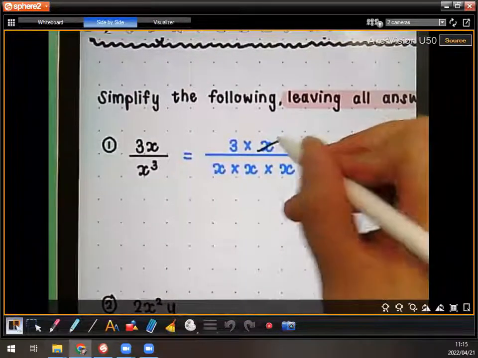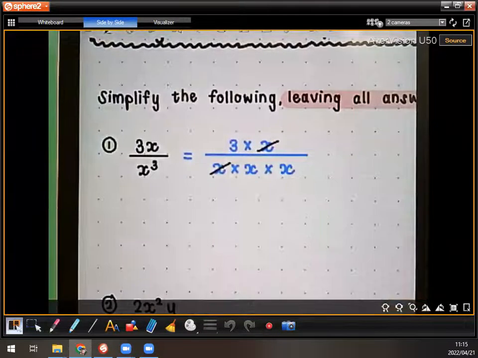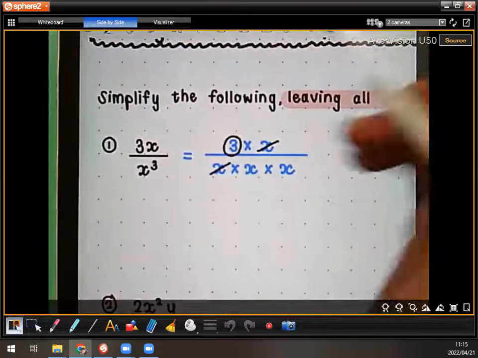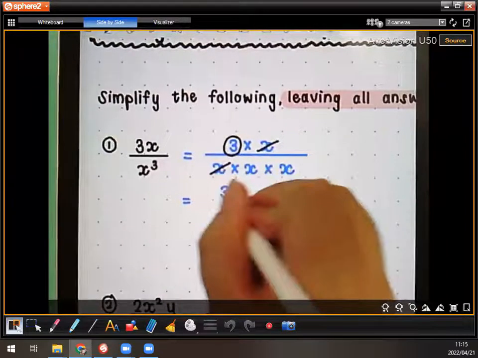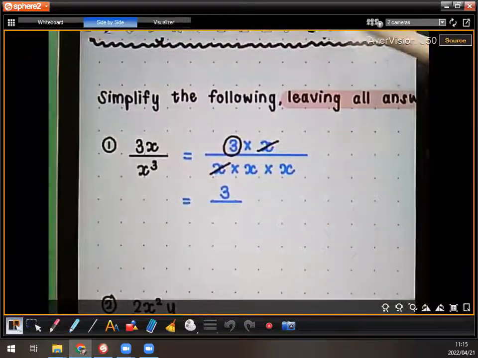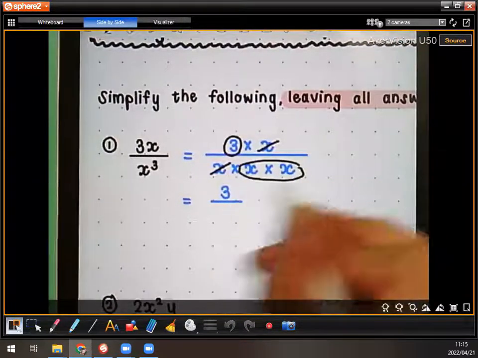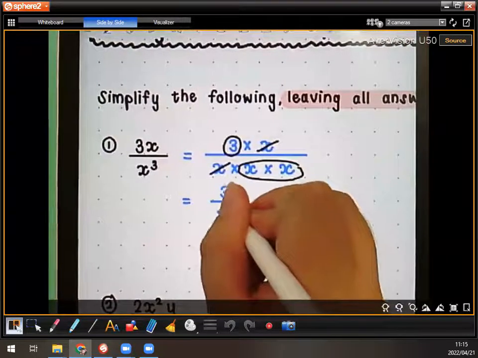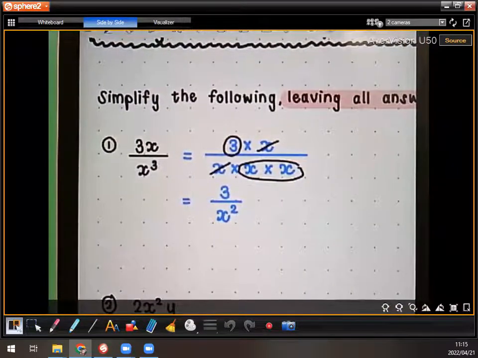I have an x at the top that I can cancel out with one of the x's at the bottom. But now do I have another x at the top to cancel out another x at the bottom? No. What's left at the top? 3. And what's left at the bottom? x times x. X times x is x squared.